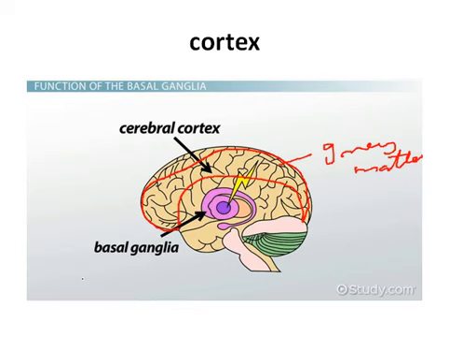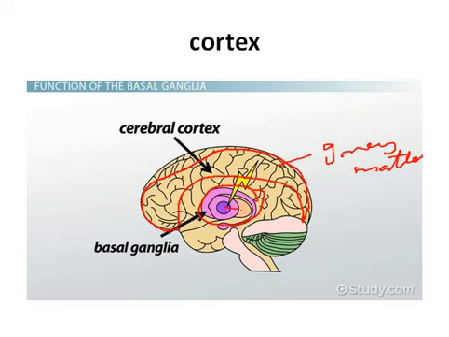And what is basal ganglia? Basal ganglia means at the base of the cerebrum. So this is the cerebrum or cerebral hemisphere. If you go and see the base, deep inside the cerebrum, you can see a group of gray matter.